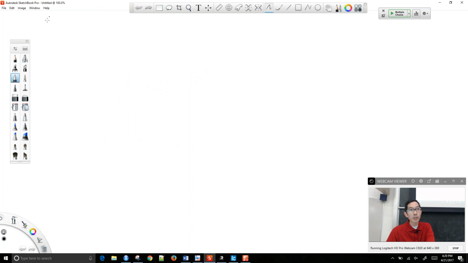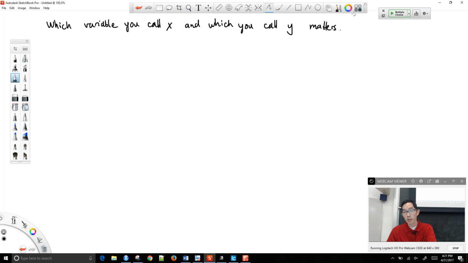The order of variables matters in linear regression. Which variable you call x and which variable you call y matters. In one scenario we could say x is snake length and y is snake weight.